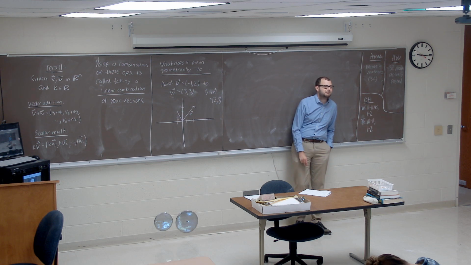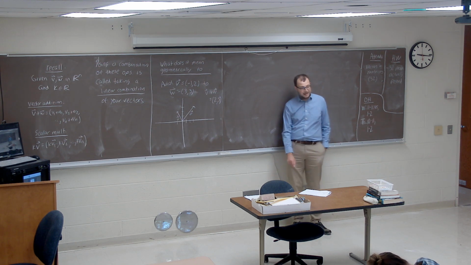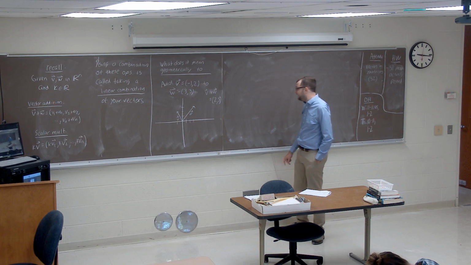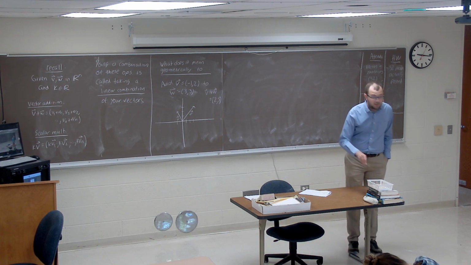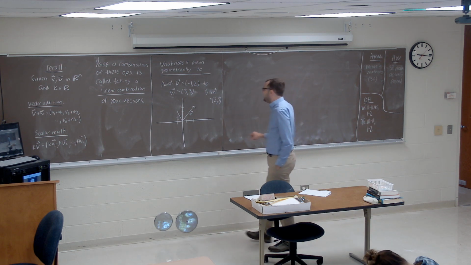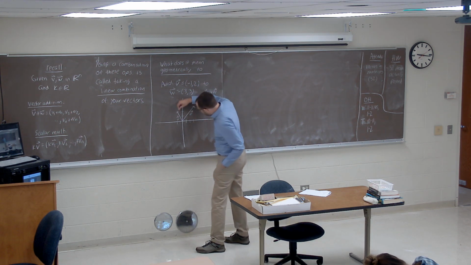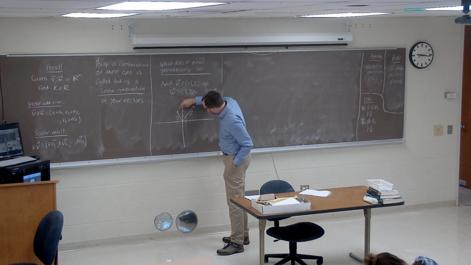Aaron? Well, you would place vector v on the end of vector w or vice versa. Yeah. So in other words, in order to add v and w, you go tip to tail. You start at the end of vector v and then travel out by vector w, or start at the end of vector w and then travel out vector v.